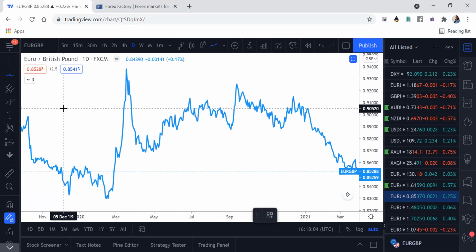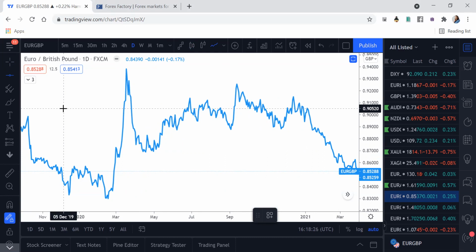And what we're looking for is two things. We're looking for M's and we're looking for W's. That's basically it. When you're identifying structure, all you're looking for is M's and W's.